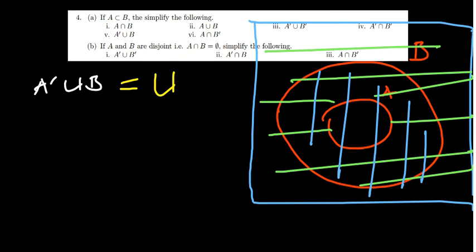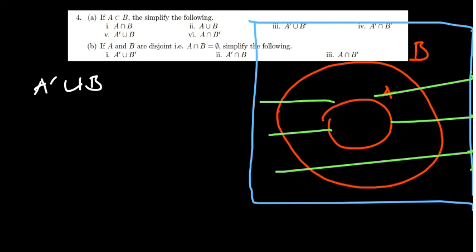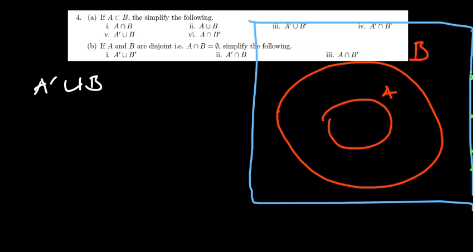And then finally, we have the last one, A intersection B complement, which is as good as A minus B. Maybe I can just undo the shading. Okay. So the final one is A intersection B complement, which is the same as A minus B. You remove B from A. So let's think of it now.